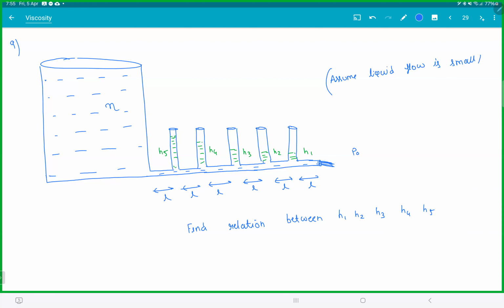Find H1 in terms of H2, find H2 in terms of H3, find H3 in terms of H4. Happy? Get that. Any answers?